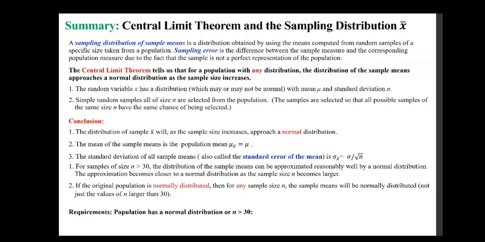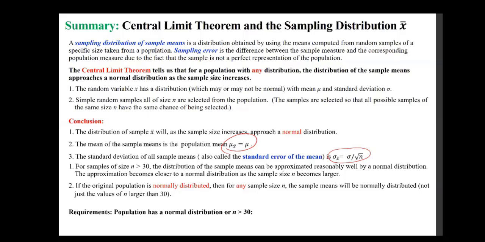So here's the synopsis of what we have. The central limit theorem gives us the value for mu of x bar, which is equal to mu, and the value for sigma of x bar, which is sigma over square root of n. And the requirements are very simple.